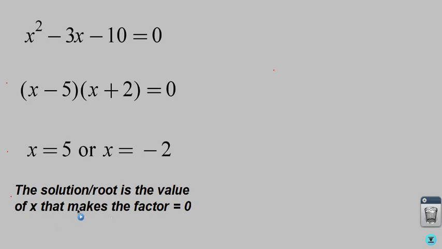or what we call the roots, root here means the solution, is the value of x that makes the factor equal to 0. It is not this 5. It is the value of x that makes this whole thing a 0, and that's why it's 5. And that's why it's negative 2 here.